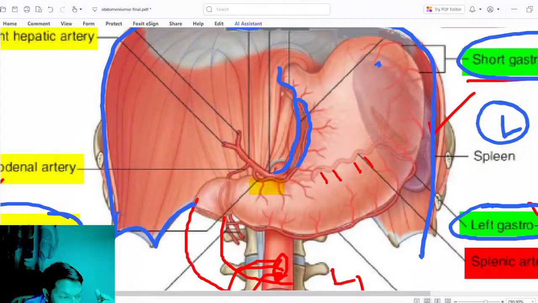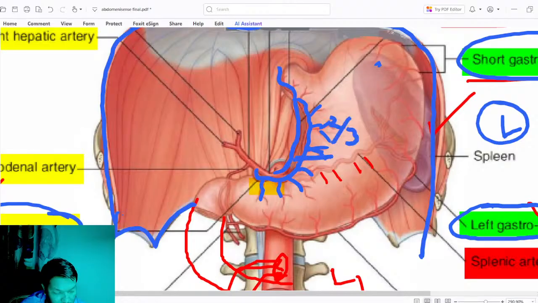You can say it is a branch of the left gastric artery directly supplying the lesser curvature like this. And it is not covering the whole lesser curvature, because the right gastric artery also goes up to meet with it here. The right gastric artery covers up to here, and the left blood supply is from the branch of the left gastric artery, and the remaining is supplied by the right gastric artery, which is a branch of the common hepatic artery.